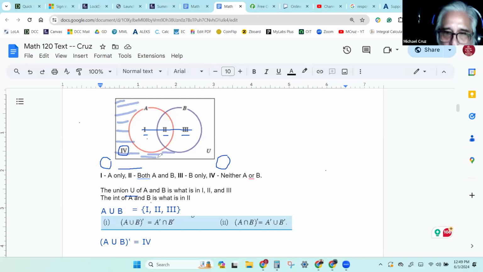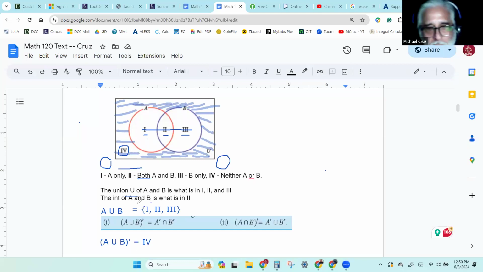You can select multiple ones, but the one in yours will be just this. And I could do this in one of the Alex problems for you with the shade, and I may do that on review day. But I'm still going to come back to my little magic way of doing it with the Roman numerals. Okay. So that's what makes up A union B complement, is just region 4, the outside of the union.